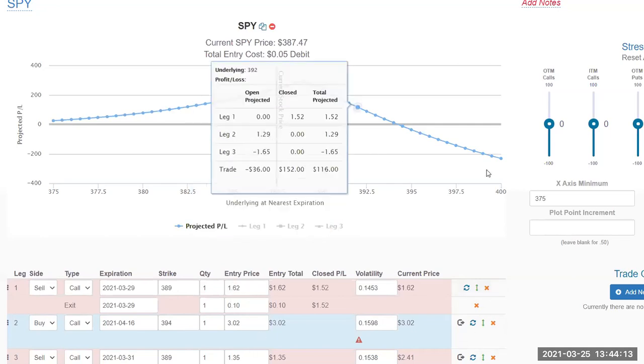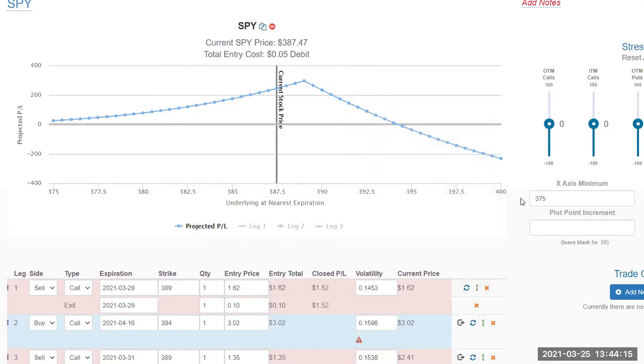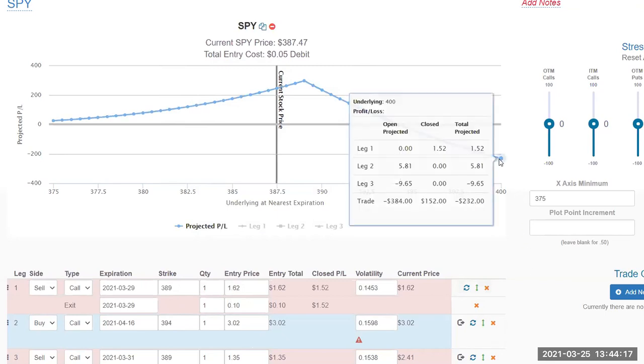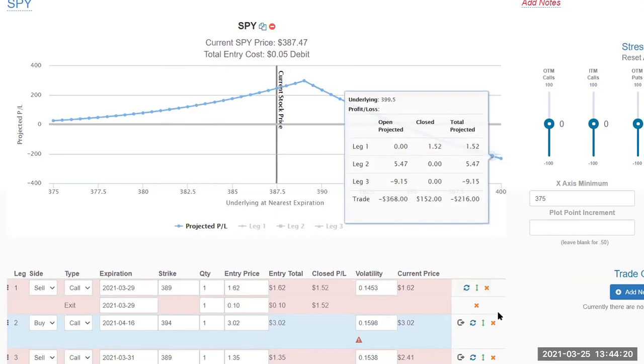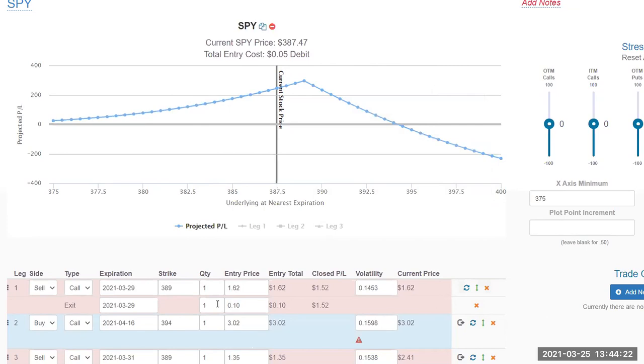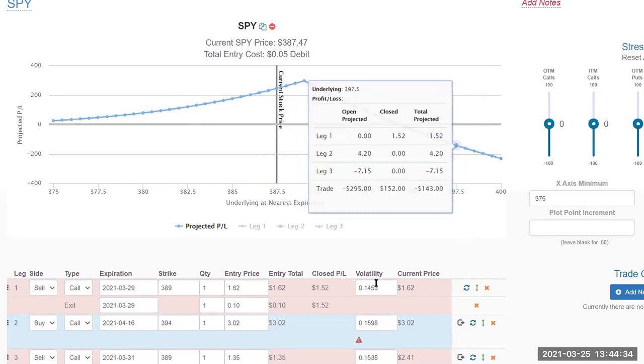And now the maximum loss to the upside is dropped to 500, but it's way, way up there. And so if the market moves way up in the next couple of days between 329 and 331, if this is the sequence of how it works out, then it is what it is. There's risk on this trade.